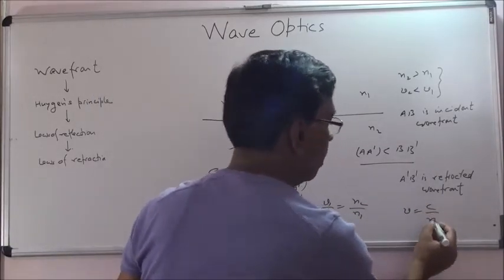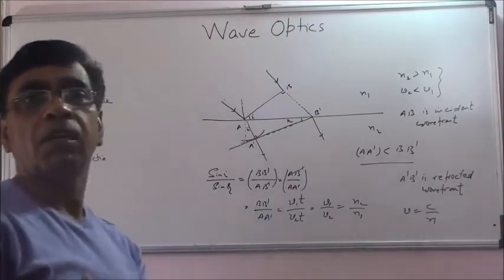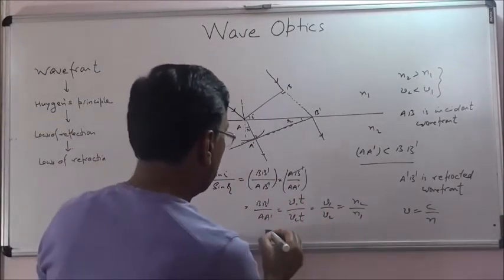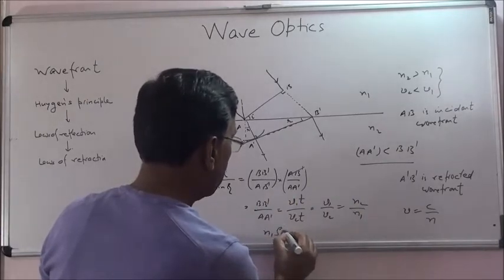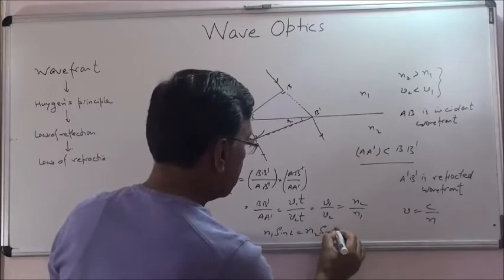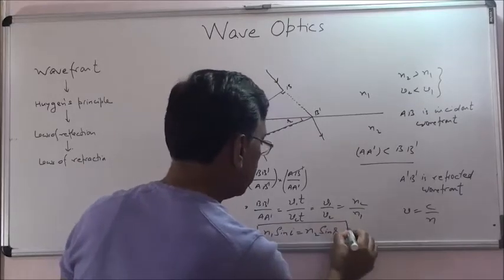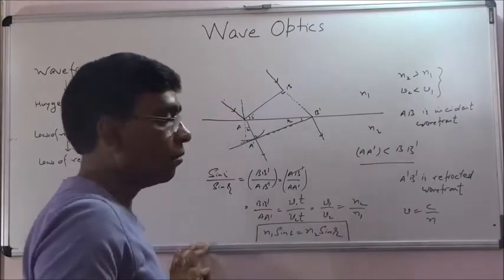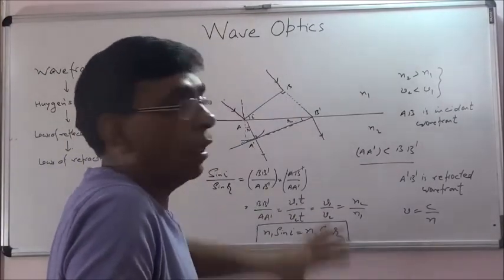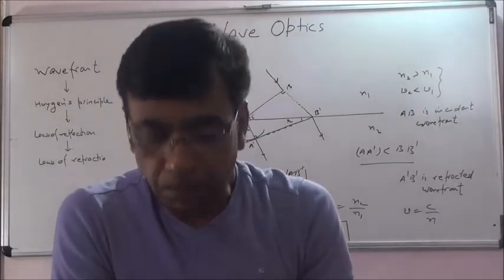C by N. N is refractive index, C by V. So sin I by sin R is N2 by N1. N1 sin I is equal to N2 sin R. This is Snell's law.